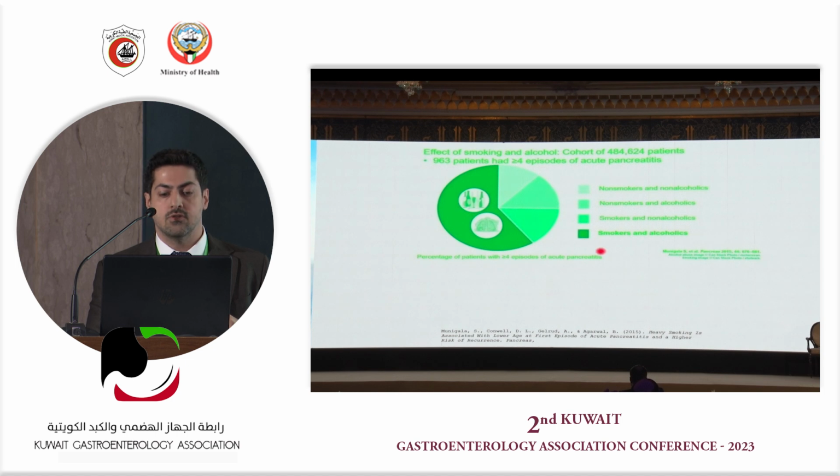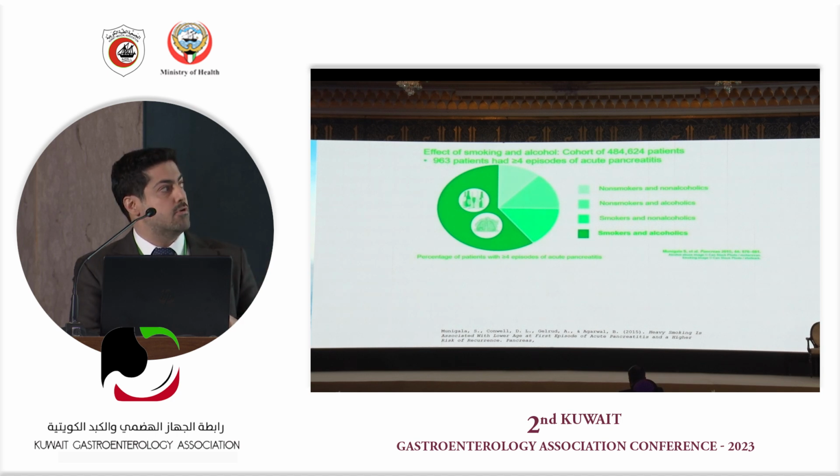So smoking is an important risk factor. This is a cohort of almost 500,000 population. It's a very large cohort. However, 1,000 of those 500,000 had 4 or more episodes of acute pancreatitis. If you look at the details of this cohort, almost 2/3 of those patients were both smokers and alcoholics.